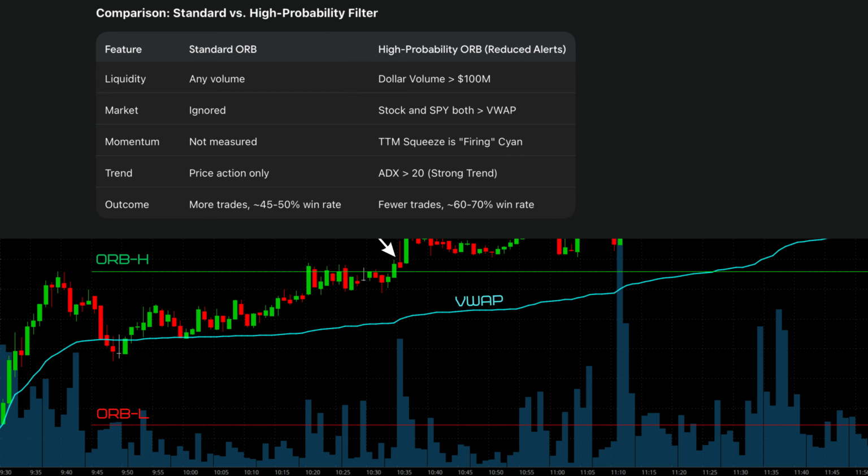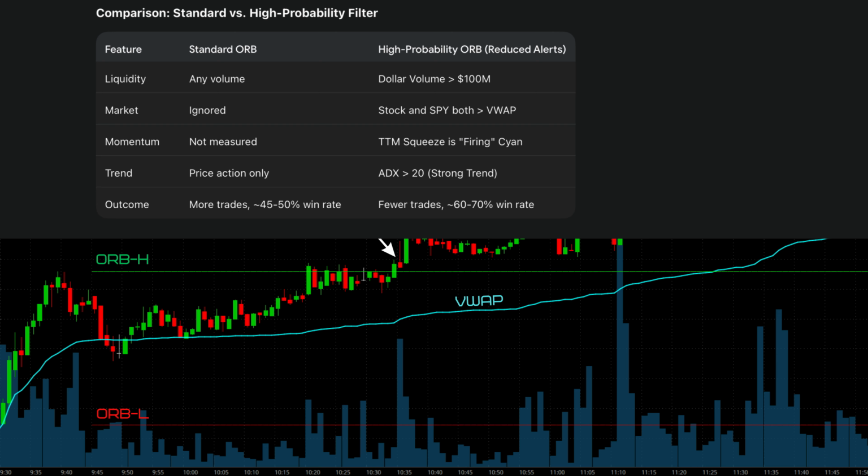Comparison: standard versus high probability filter. Feature: standard ORB, high probability ORB. Alerts: reduced. Liquidity: any volume versus dollar volume greater than $100 million. Market: ignored versus stock and SPY both greater than VWAP.